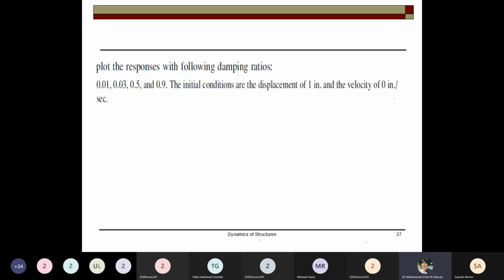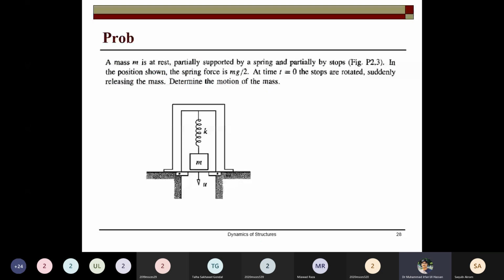This is another problem. A mass is at rest, supported by a spring and partially by stops. In the position shown, the spring force is mg by 2 at time t0. The stops are rotated, suddenly releasing the mass. Determine the motion of the mass. So initially the mass is at rest, partially supported by a spring and partially by stops.